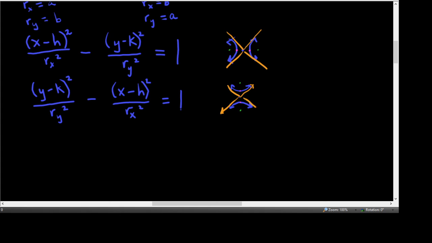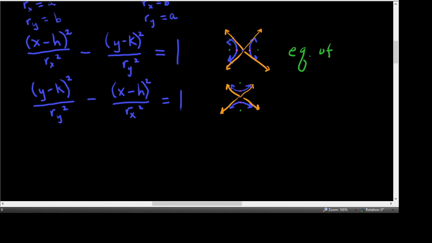There are 2 lines that are going to be asymptotes for the 2 branches of our hyperbola. And the thing that we need to realize about them is that, first of all, they intersect each other at the center.